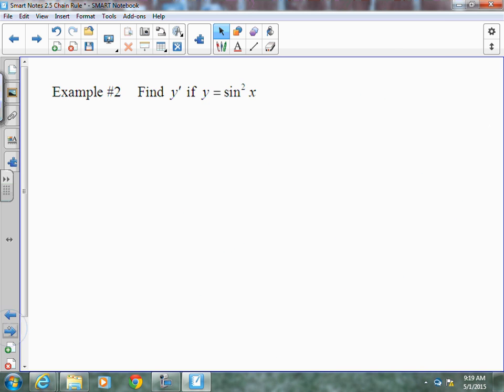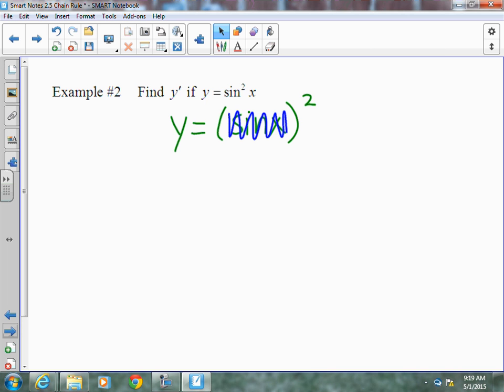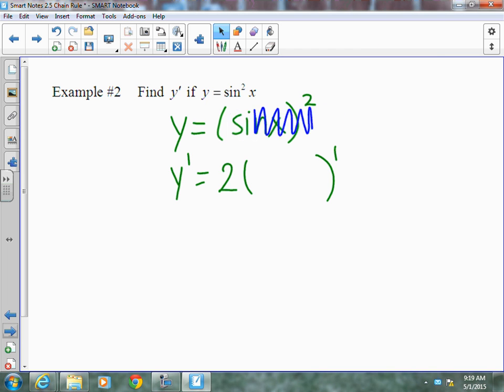Let's try another one. Sine squared of x. Let's rewrite this as what it really means, sine of x, squared. Again, ignore your inner function for a second. How do you derive something squared? Well, it becomes 2 times something to the first. The first is optional, but I'm going to write it there just for these purposes.